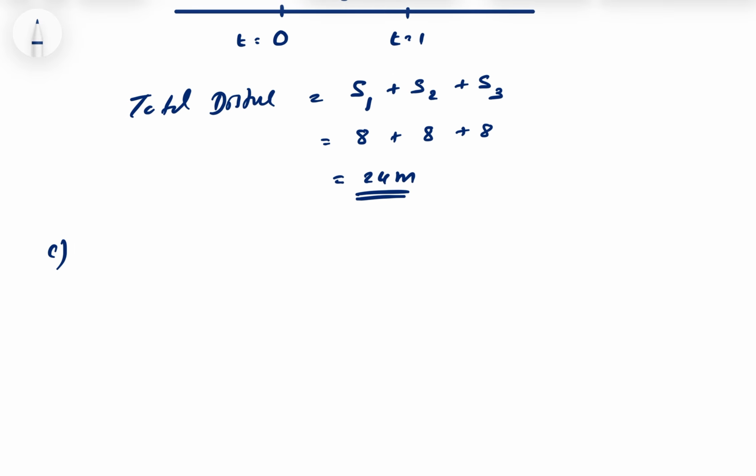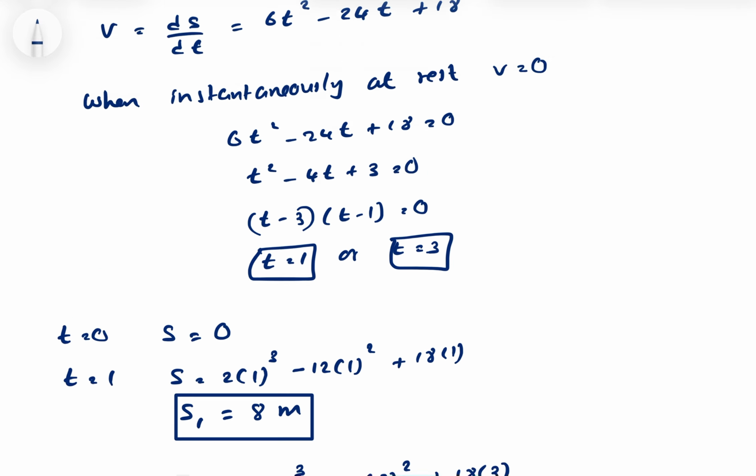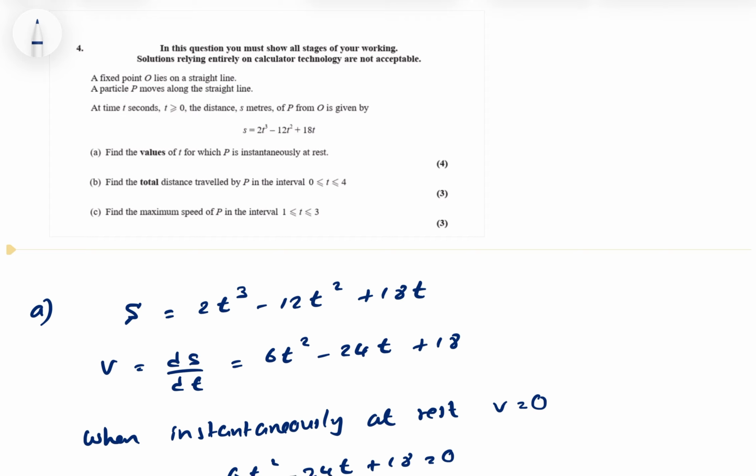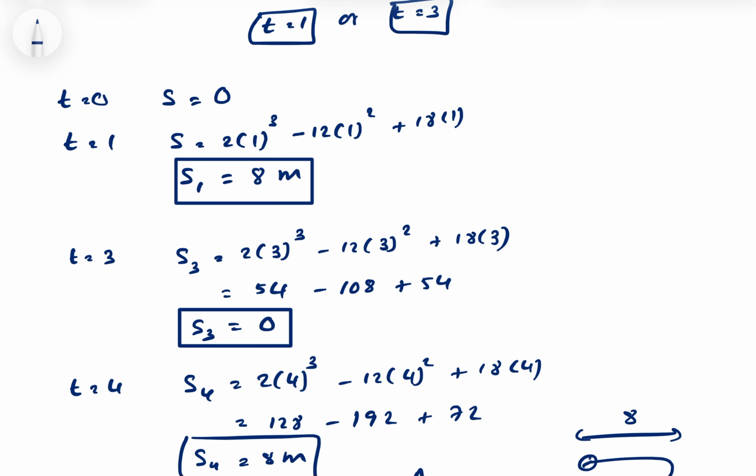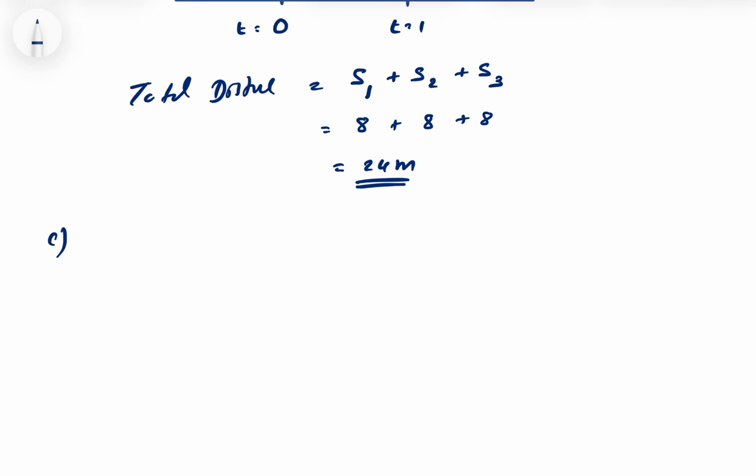For part C, they say find the maximum speed in the interval of 1 to 3. When the speed is maximum, dv by dt should be 0. Let's take the velocity function first.